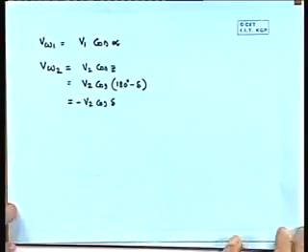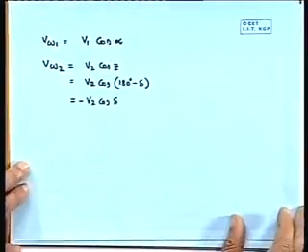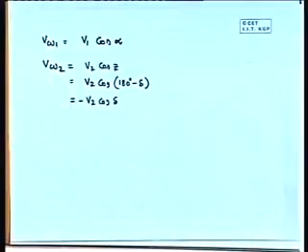So, the magnitude of V omega 2 will be V 2 cos delta. All right. The magnitude will be V 2 cos delta.